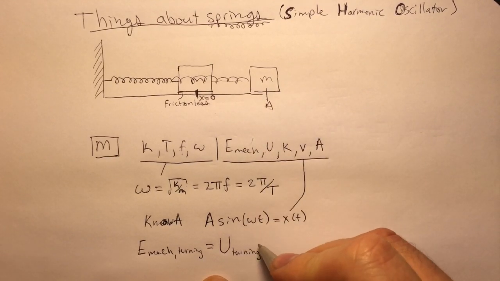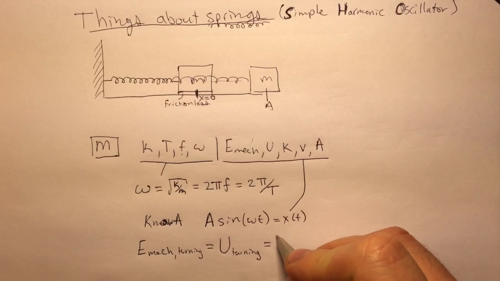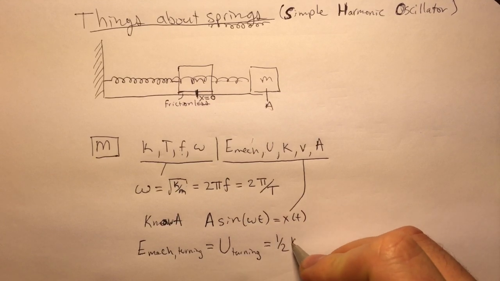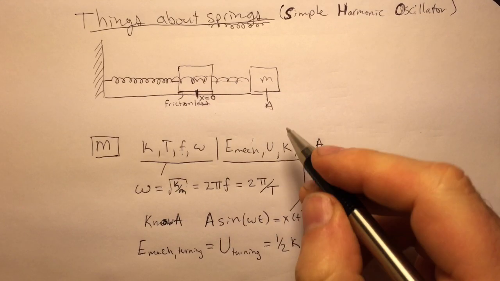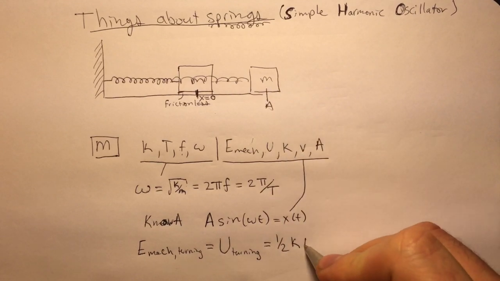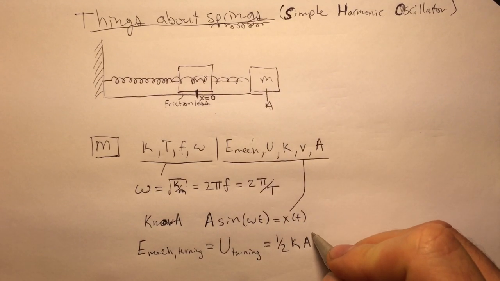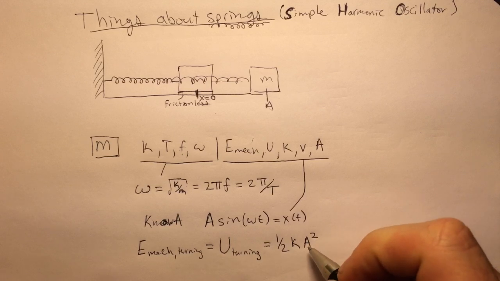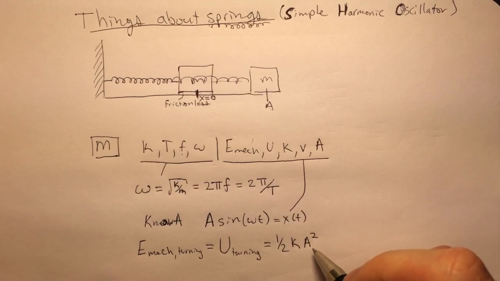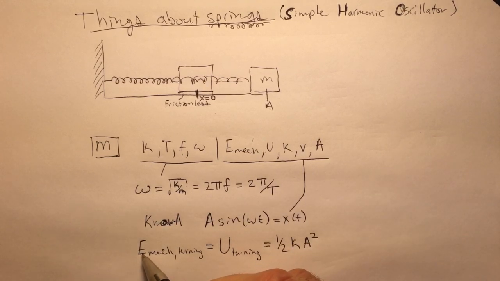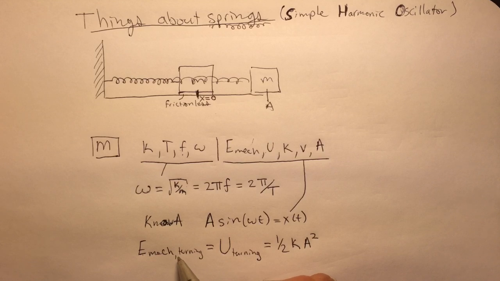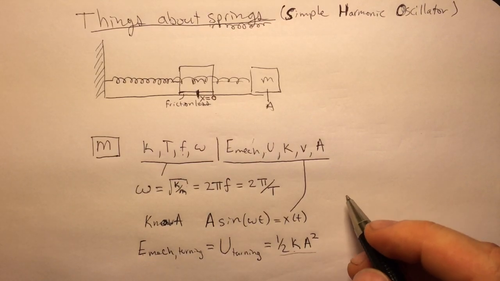And we know the potential energy is 1/2 k x squared, but here x is equal to A. So it's 1/2 k A squared. Since the total mechanical energy doesn't change, and we know it at one point, we'll know the mechanical energy the whole time, and it relates to the amplitude like this.